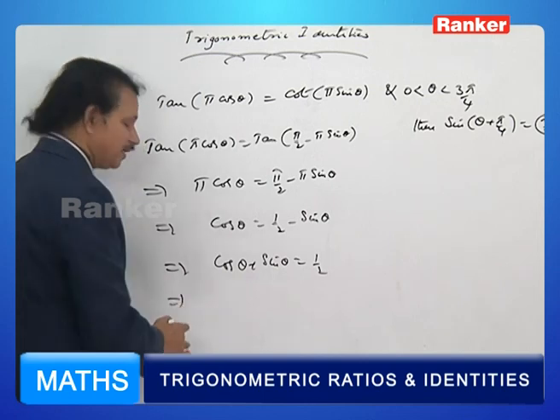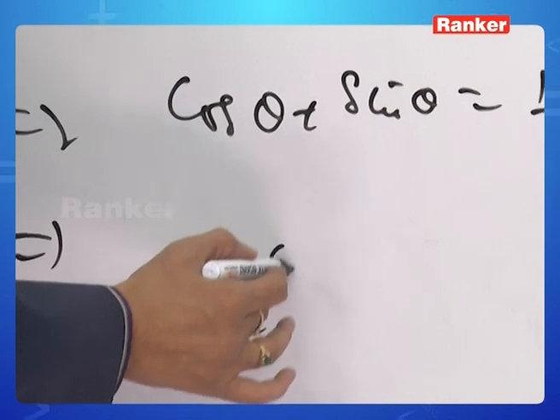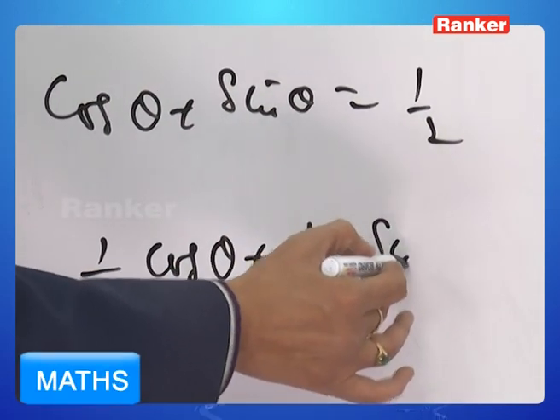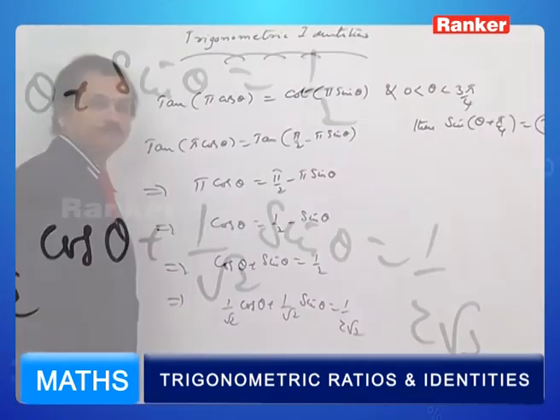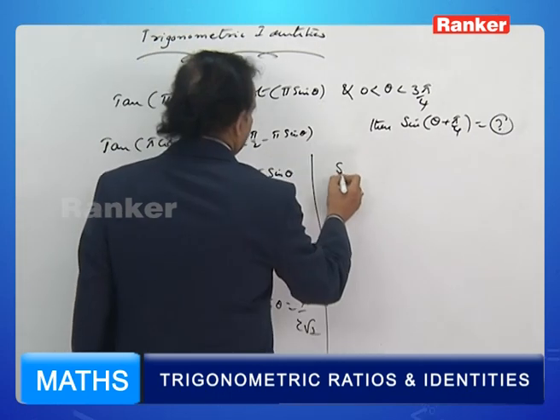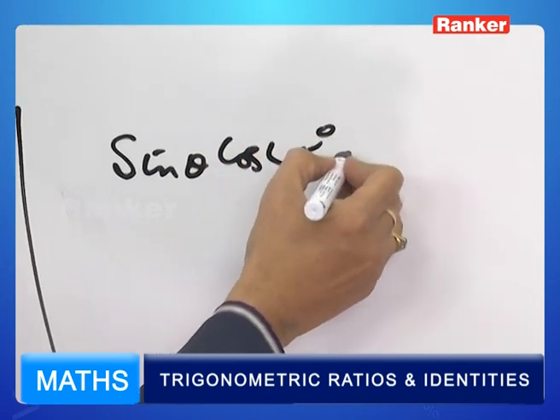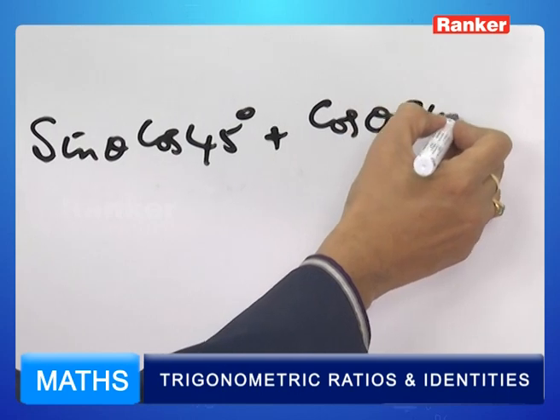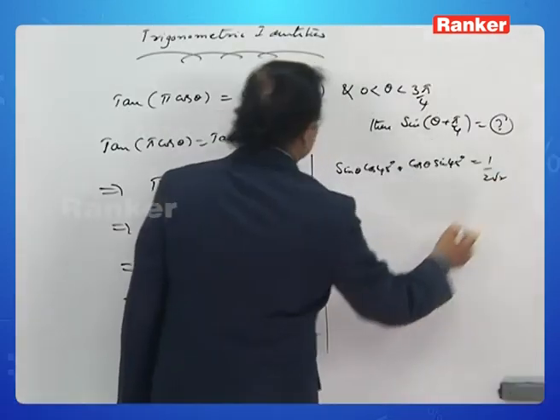And multiply throughout the equation by 1 by root 2. What is going to happen? 1 by root 2 cos theta plus 1 by root 2 sin theta is equal to 1 by 2 root 2. Sin theta cos 45 plus cos theta sin 45 is equal to 1 by 2 root 2.